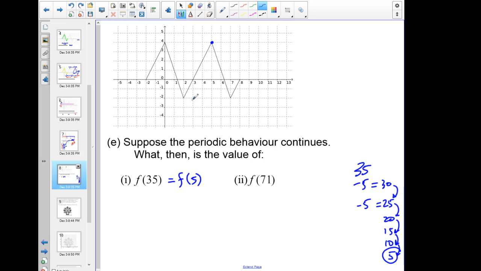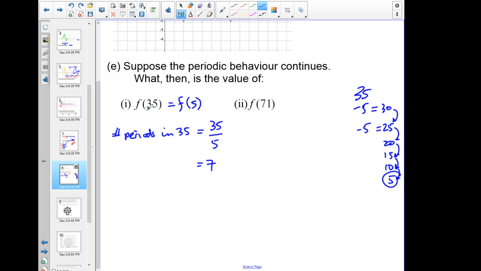Because we know our graph lives around the origin. If I can get myself down to this first graph or even the second graph, that's even better. So how many periods are in 35? Well, I would take 35 divided by 5, and it turns out that's a nice clean number. That's 7.